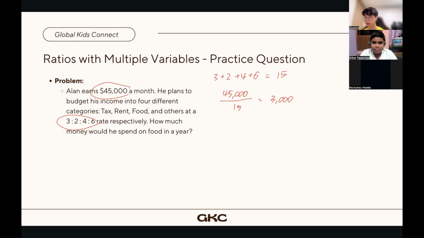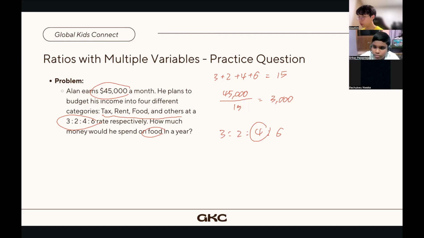You could multiply each side, but if we take a look at what the question asks for, it asks how much money he would spend on food in a year. The only ratio we are interested in is food, which was the third variable, so we are only focused on the third number, 4.